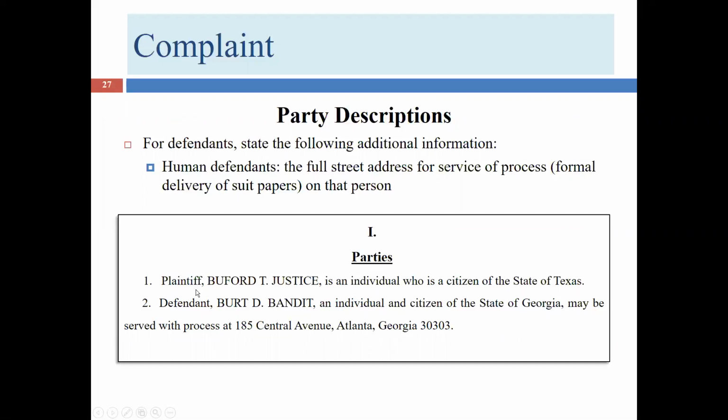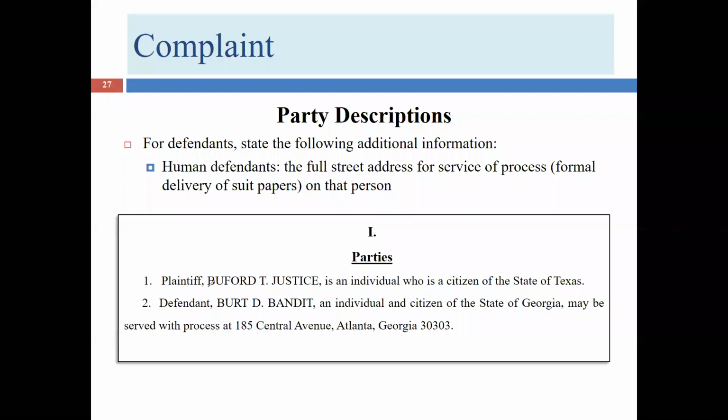I mean, you don't have to with respect to this, because you could omit this comma and omit this comma and just say Plaintiff Buford T. Justice is an individual who is a citizen of the state of Texas. But the problem is that oftentimes people will have Plaintiff Buford T. Justice.